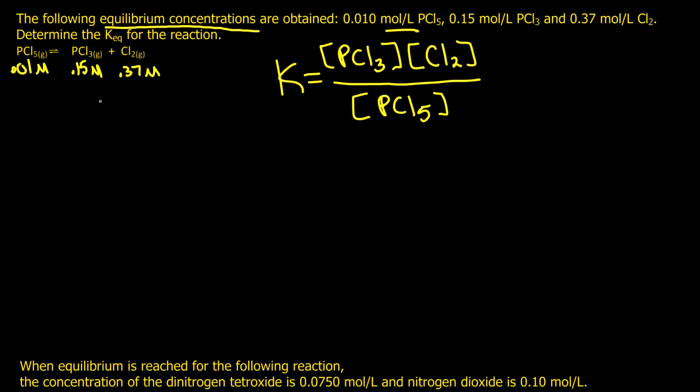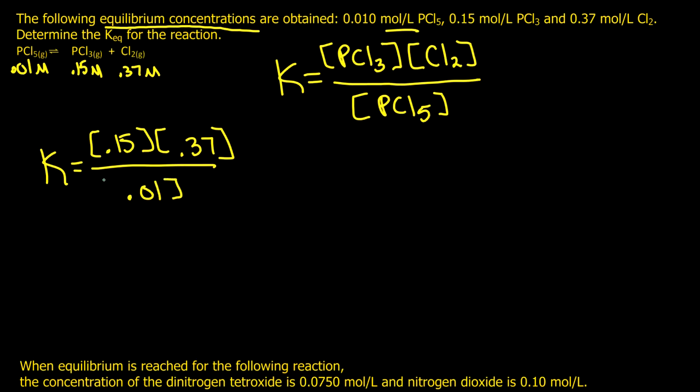I have information sorted out, so I just plug the values into my formula and do a little bit of math. So K equals concentration of PCl3 is 0.15 times concentration of Cl2, which is 0.37, over the concentration of PCl5, which is 0.01. So now we can simplify this down a little bit using our calculator.